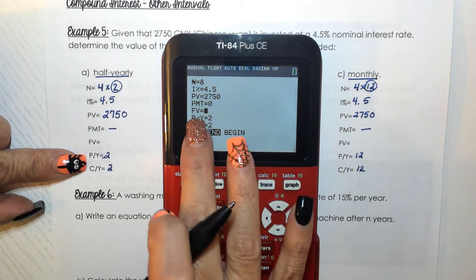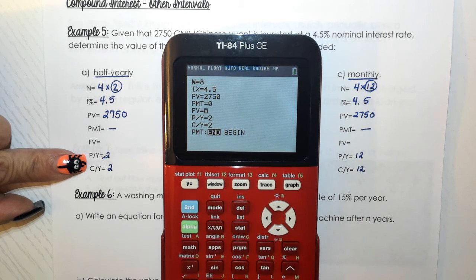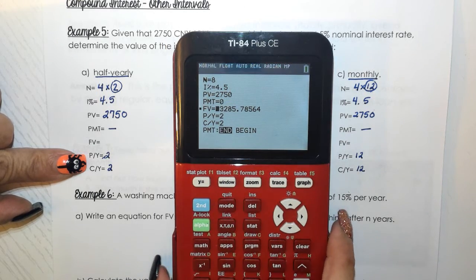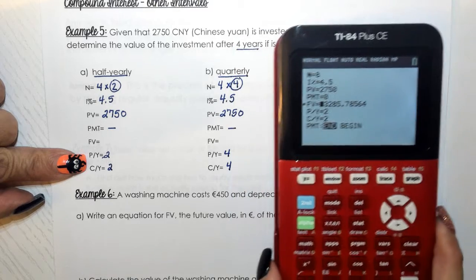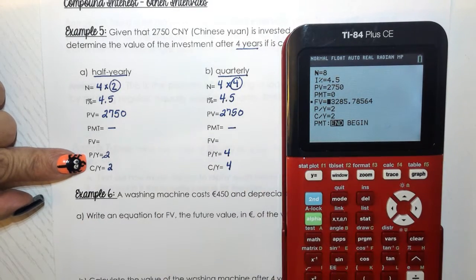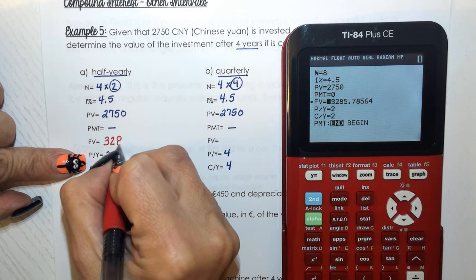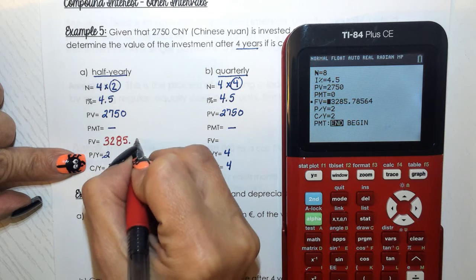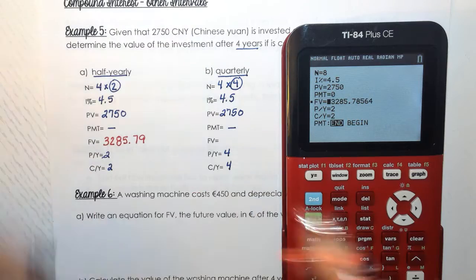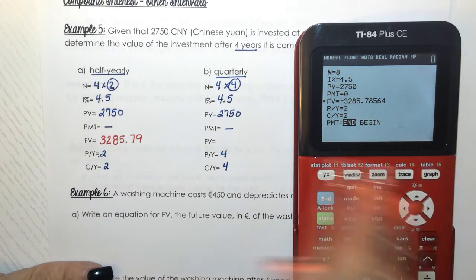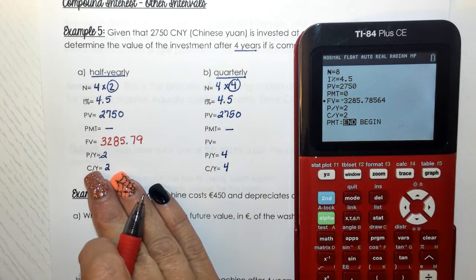So this is what I want to know, that future value. So alpha, enter to solve it, and I get 3,285. I'll move this over here. I'm going to put this in red. 3,285.79.